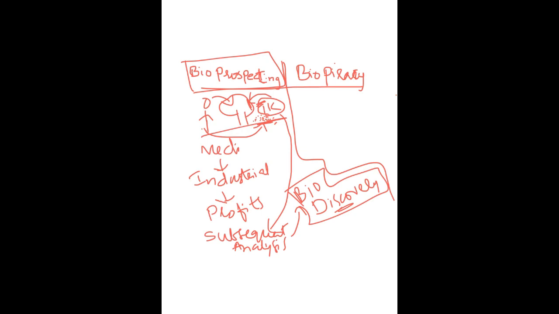If the same activity takes place in an unauthorized manner, with unauthorized access to the information and obtaining the information through deception or otherwise exploitative behavior by researchers, such a theft of traditional knowledge is called as biopiracy.